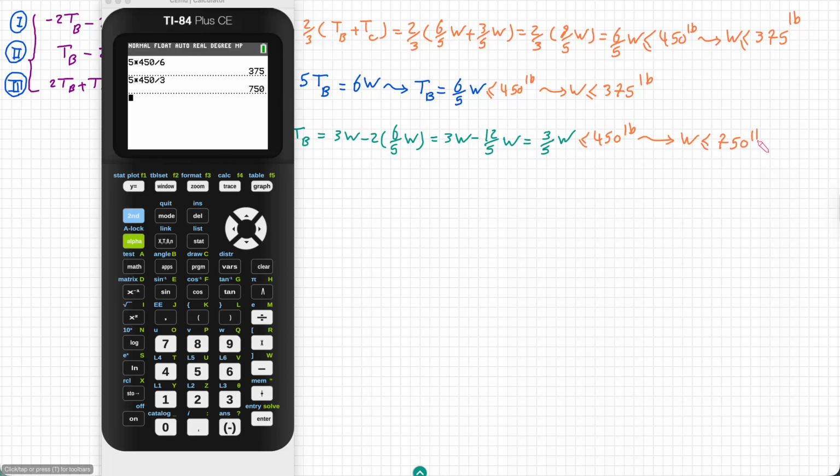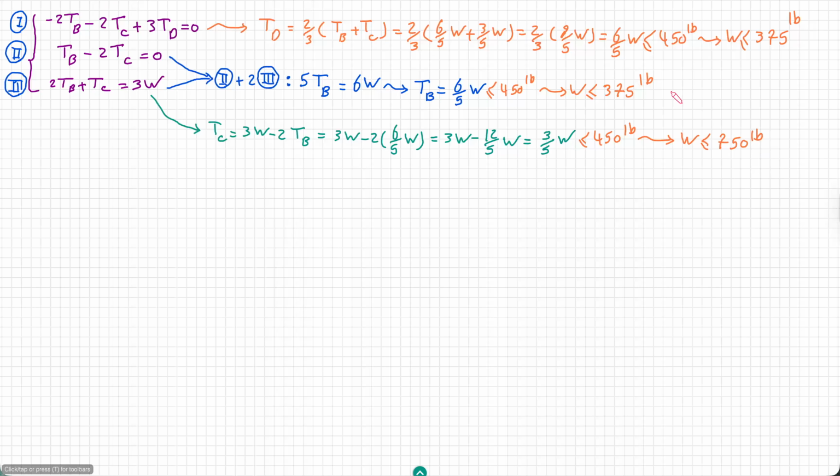The value that I get is 750 pounds. Okay, so after calculating this, the final W that you have to check, if I call these WB, WC, and WD, because they come from TB, TC, and TD, the W max that can be applied is the minimum of these three: WB, WC, and WD.